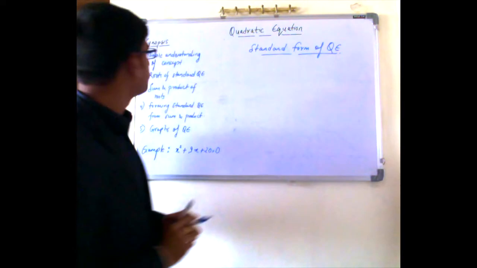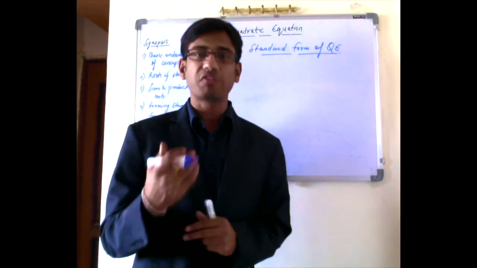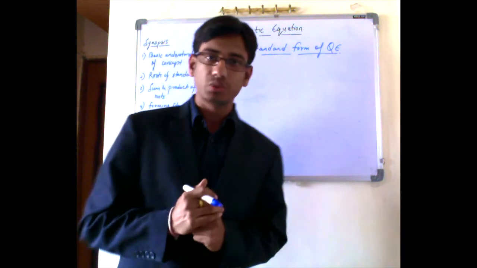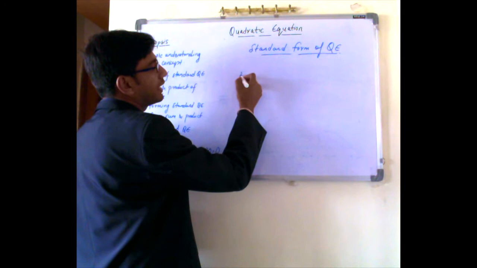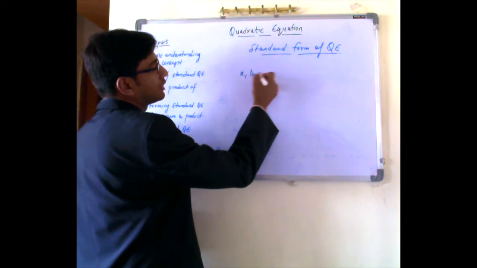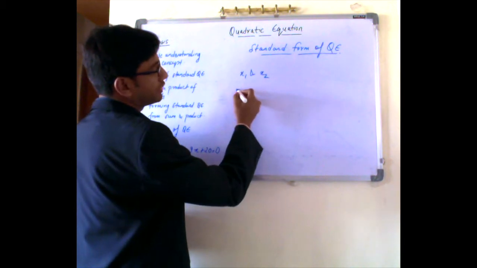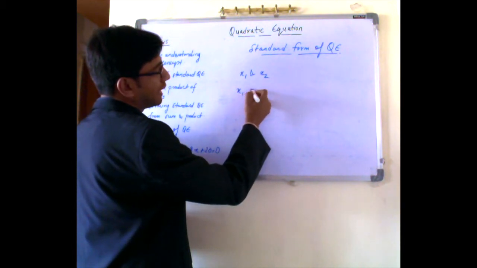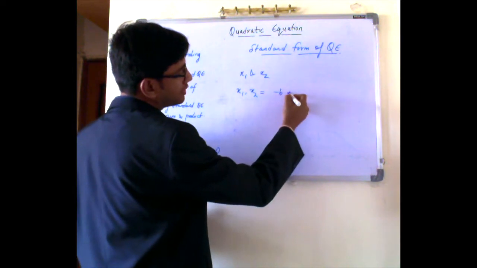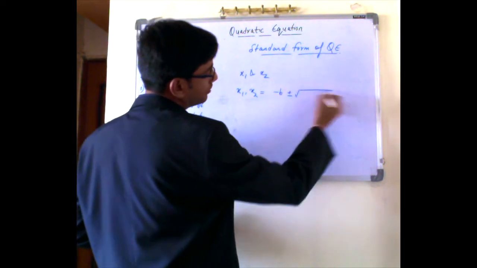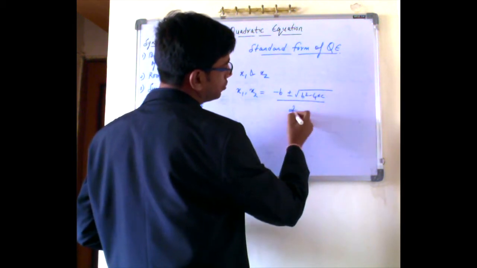Now very quickly we'll move on to the roots of the quadratic equation. We'll understand how we can take out the roots, but first the formula for the roots. If x1 and x2 are the roots of the quadratic equation, the formula is x = (-b ± √(b² - 4ac)) / 2a.